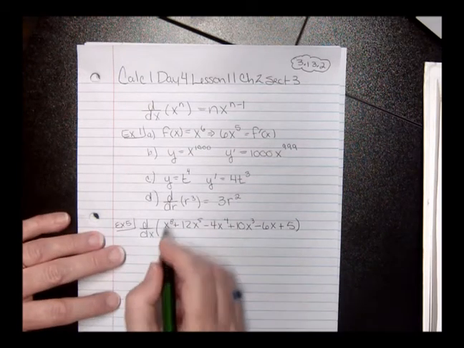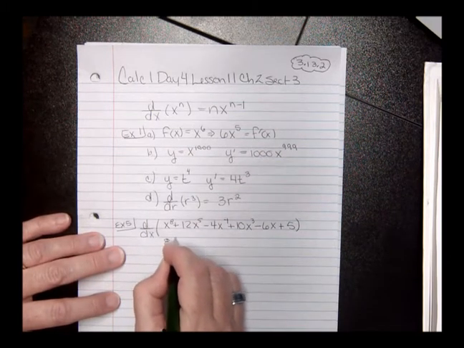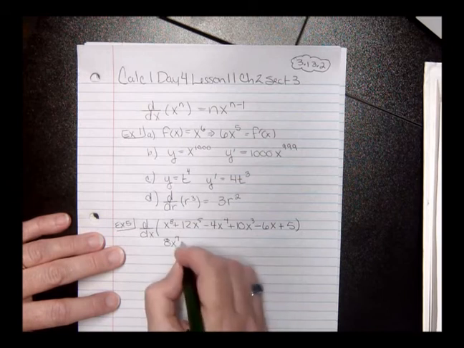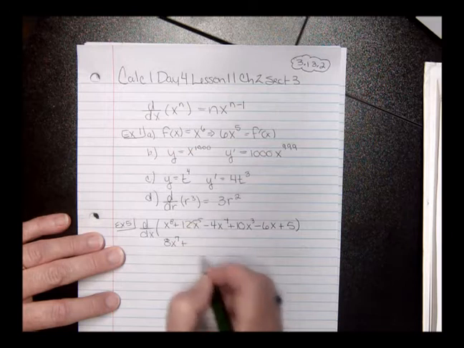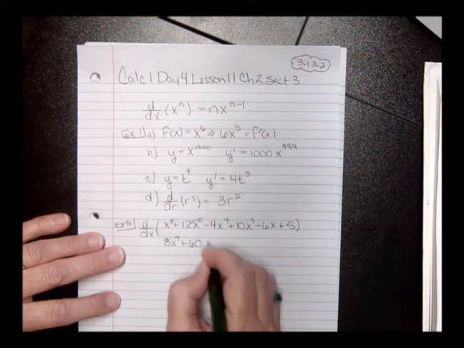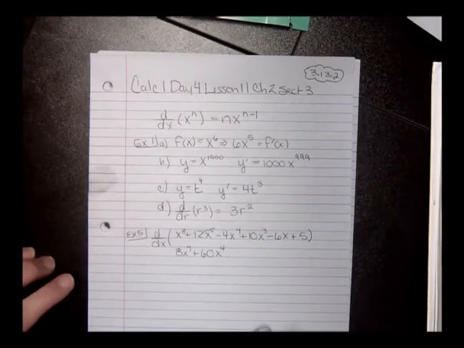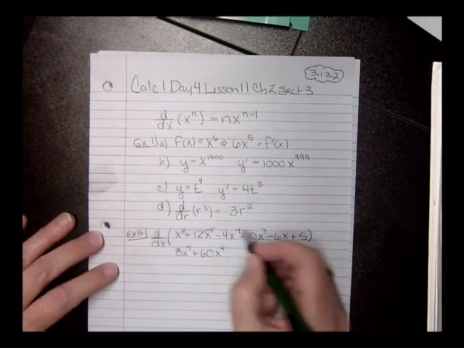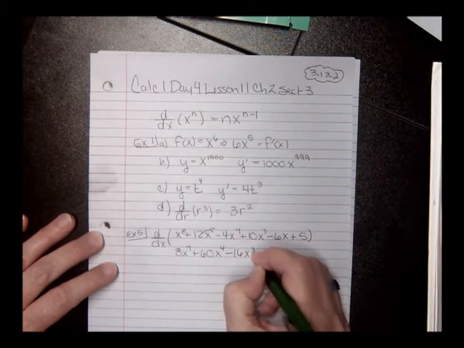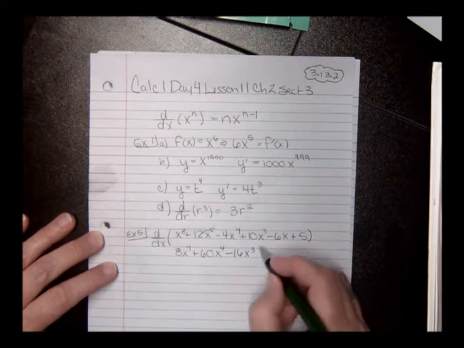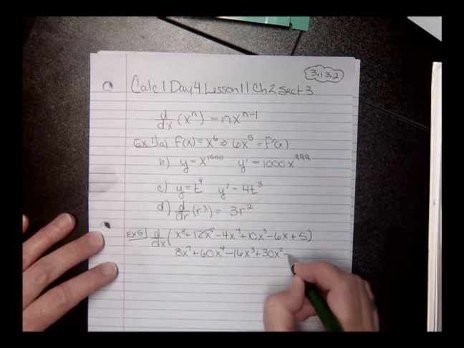So if I start with the first one, that will be 8x to the 7th when you subtract 1 from the 8, plus, now here you're going to multiply. So we have 60x to the 4th. Okay, so we continue on. Then we're going to multiply negative 16x cubed, multiplying and subtracting 1, plus 30x squared minus 6.